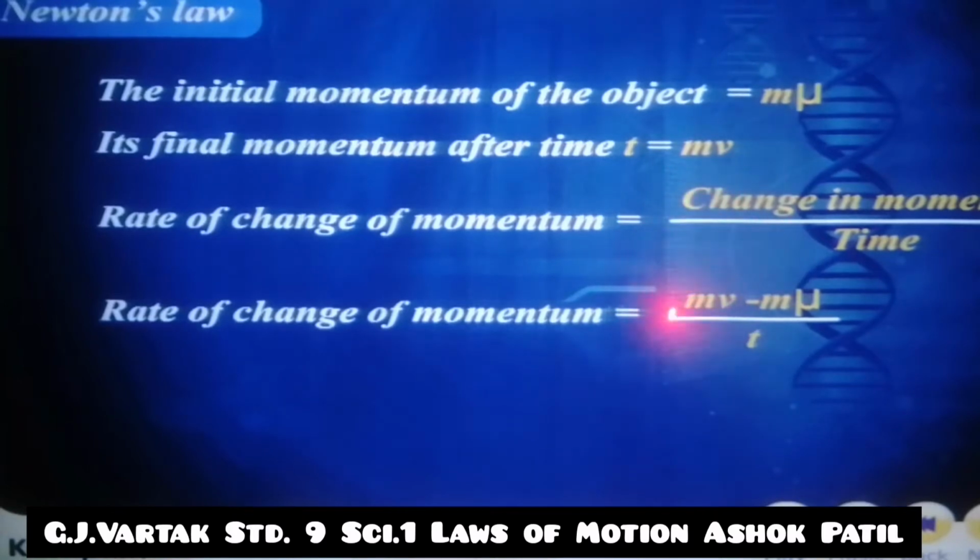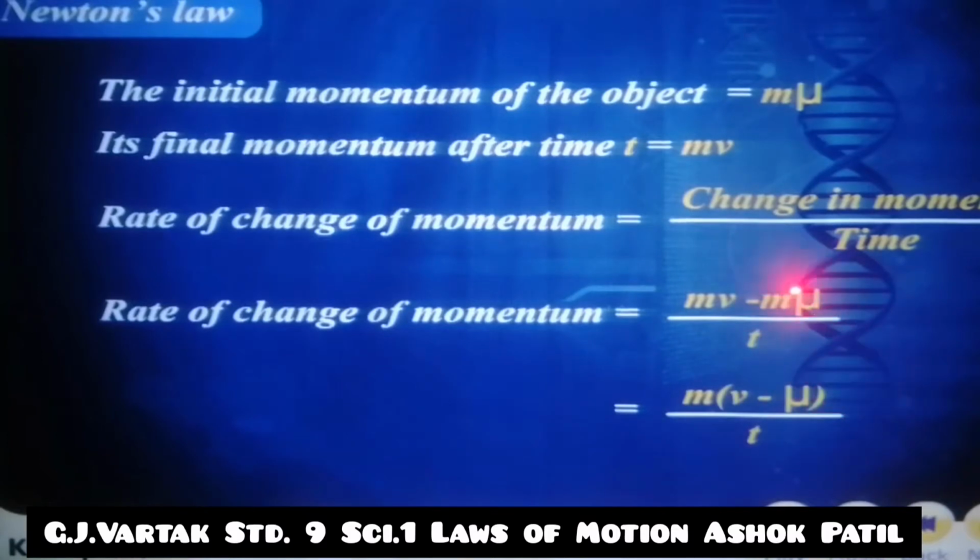That's why mv minus mu upon t is the formula for rate of change of momentum. m is common here, so m into bracket v minus u, upon t.